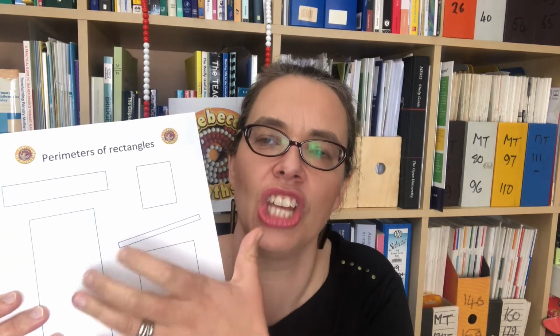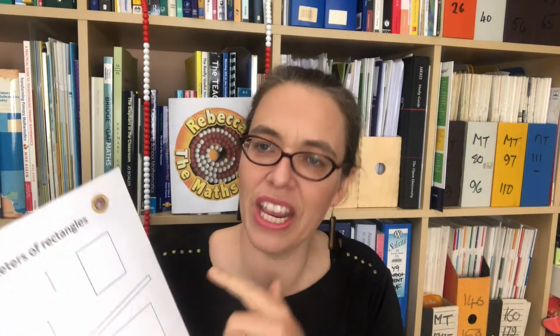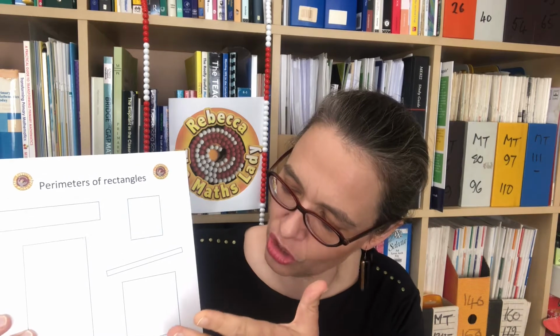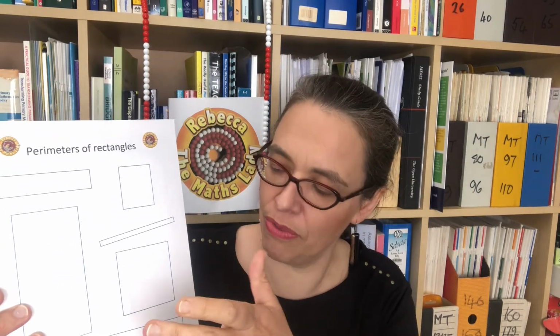It's a nice opportunity to explore the different shapes rectangles can have and the fact that they can be in different orientations. But the main thing is you want to nudge children towards starting to notice that they only actually need to measure two sides, because they can develop a strategy of adding 2 of the width and 2 of the length, and they're there. They don't actually need to measure all 4 sides.